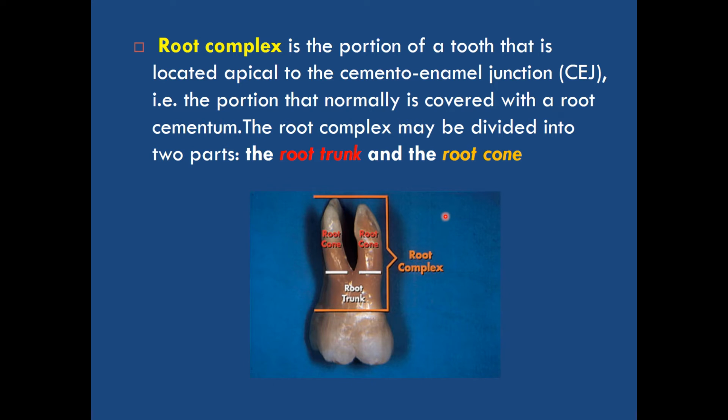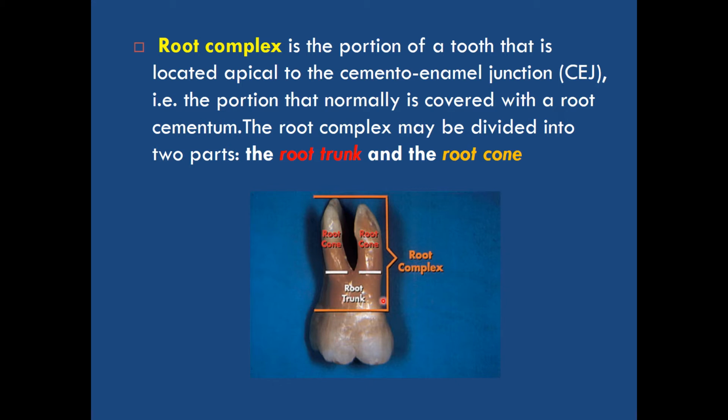There are some terms that are frequently used in furcation involvement. From these terms, the root complex. The root complex is that portion of the tooth that is located apical to the cemento-enamel junction, and it is usually covered by root cementum. It consists of two parts.